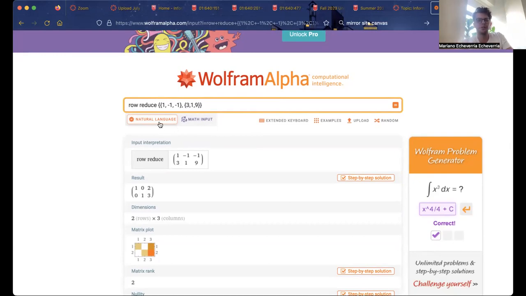If you enter it in Wolfram Alpha, you just have to make sure to also include the coefficients for the vector B. But as I said, tomorrow we'll do a bunch more examples so that this starts making more sense. It's really just applying operations 1, 2, and 3 in a systematic way. Okay, that making sense?